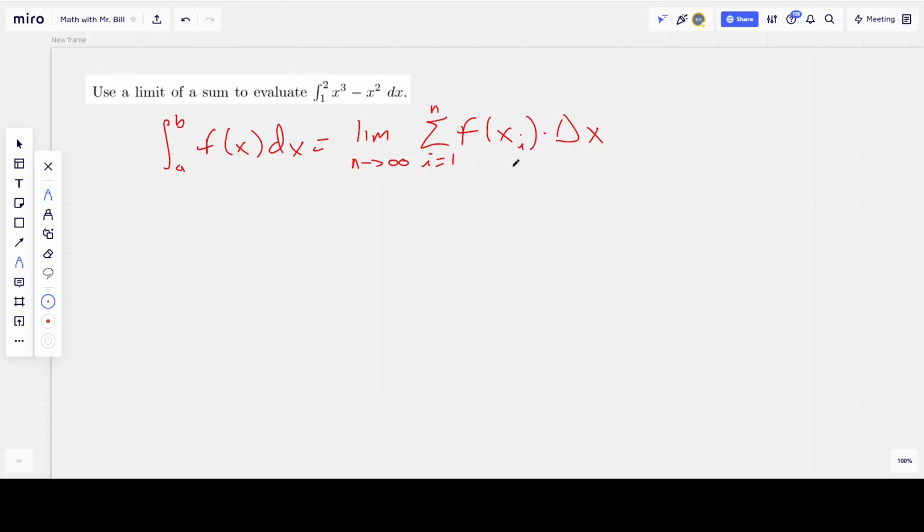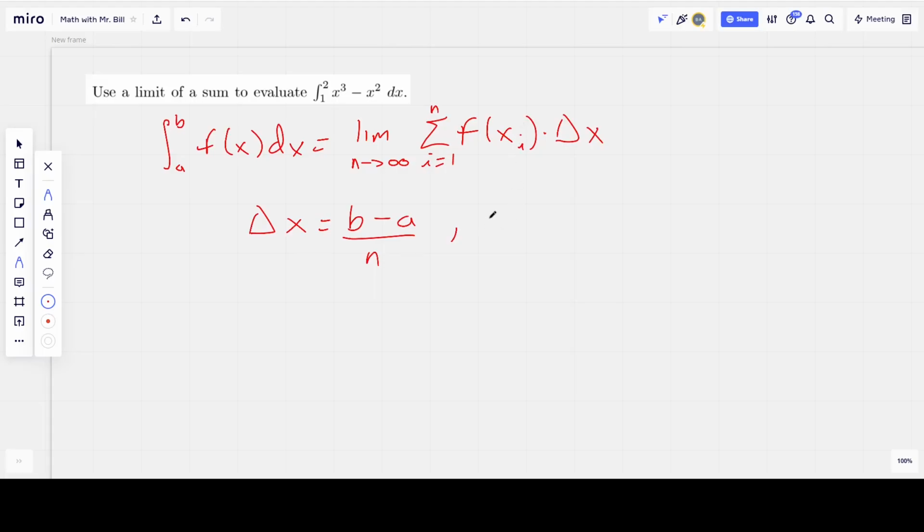So when we do this, we have a couple of things we need to find. We need to figure out what x sub i is, and we need to figure out what delta x is. So delta x is going to be equal to our right endpoint minus our left endpoint divided by n.